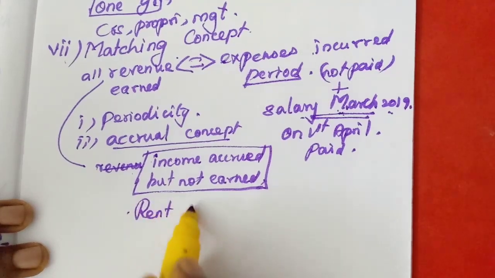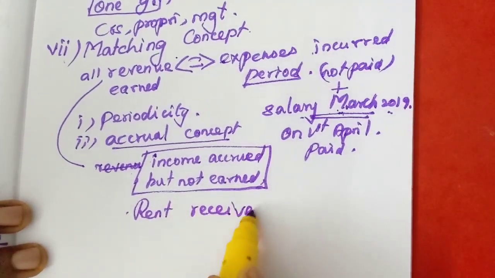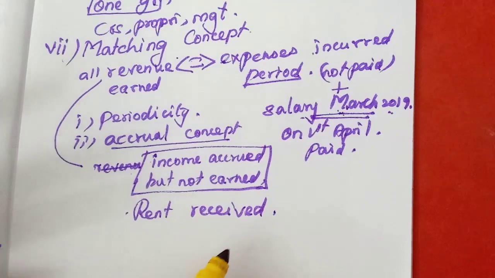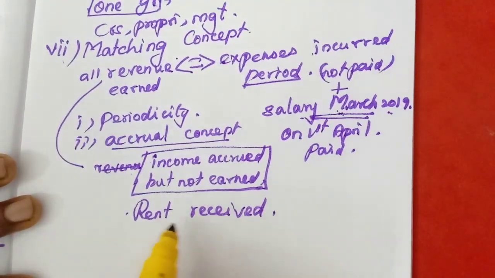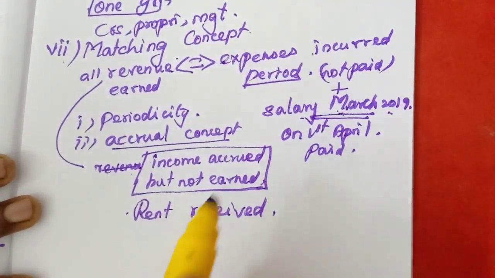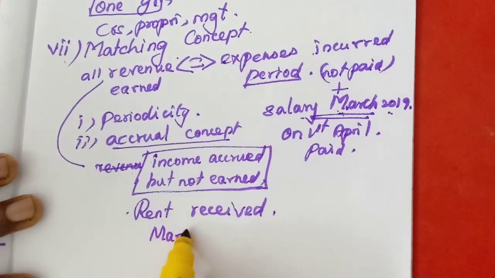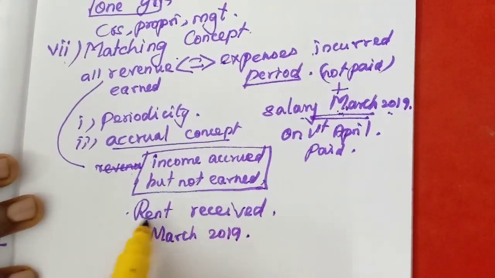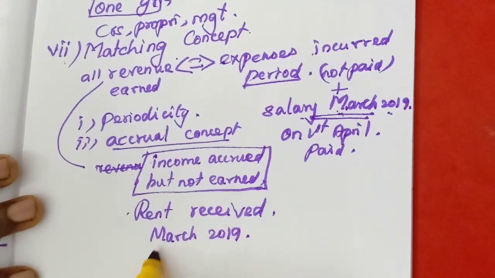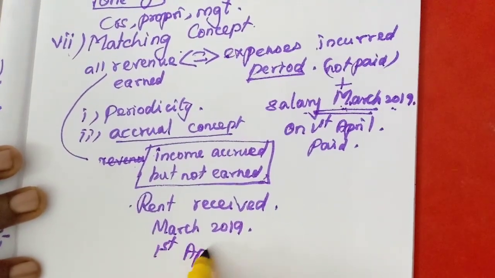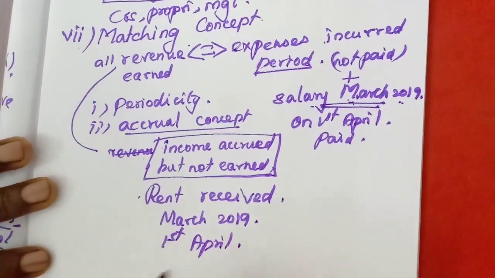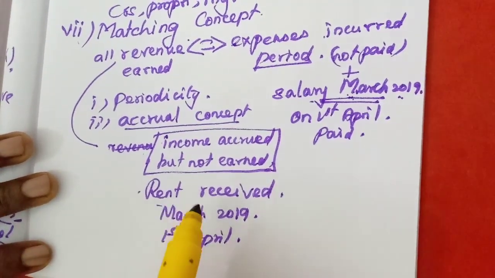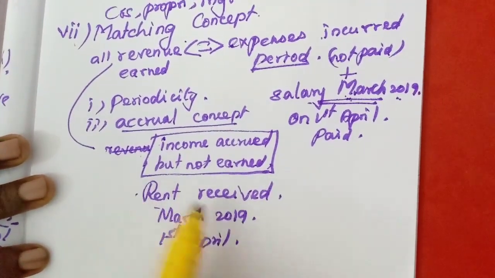It is an income, isn't it? Rent received is an income for the business organization. The same for the accounting period ending March 2019. Here the rent we will be receiving only on 1st April. So we can say this rent accrued but not received.